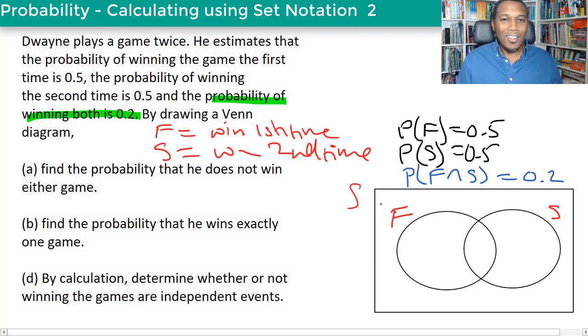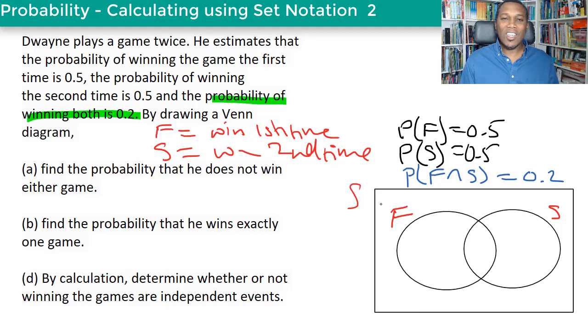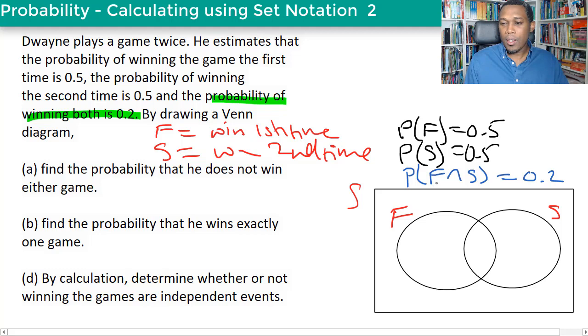You should recall, if you worked with Venn diagrams before we got into set notation, that if you have all the information about the different regions in the Venn diagram, then you work inside out to complete the diagram. So inside out means I start with the overlap. So the probability of F intersection S is 0.2.